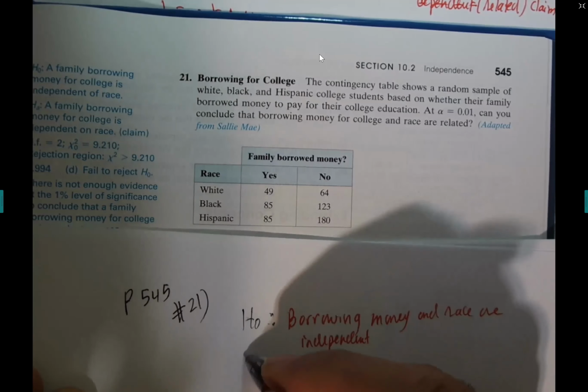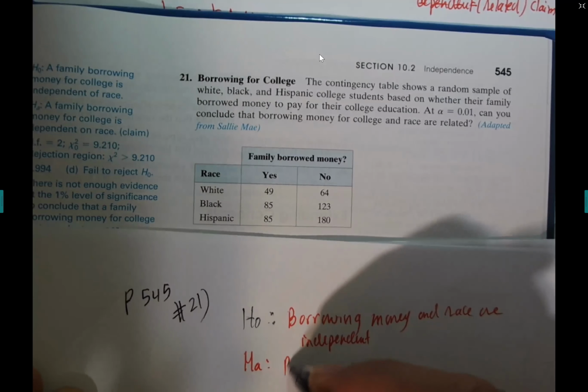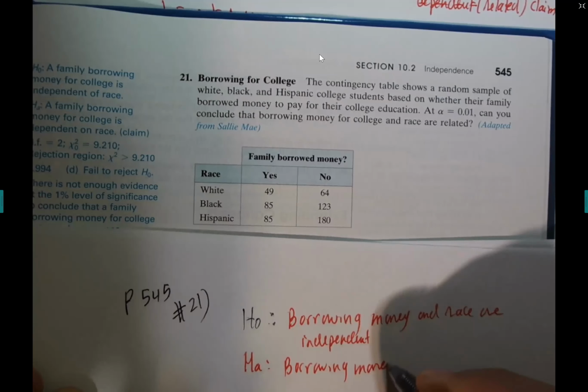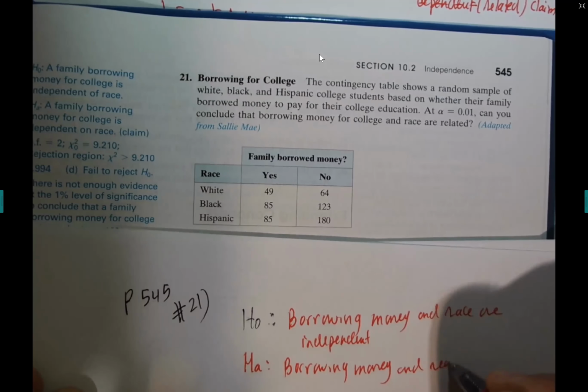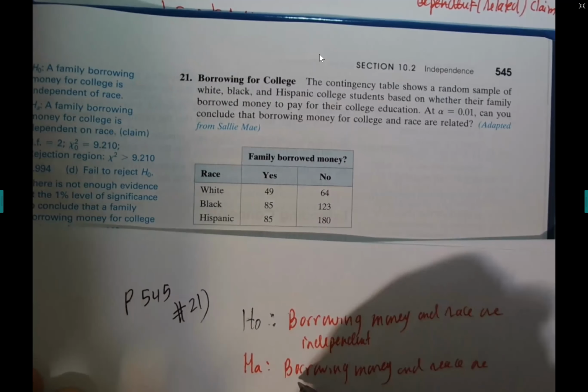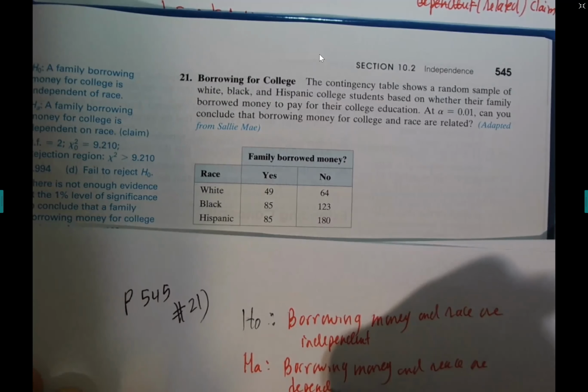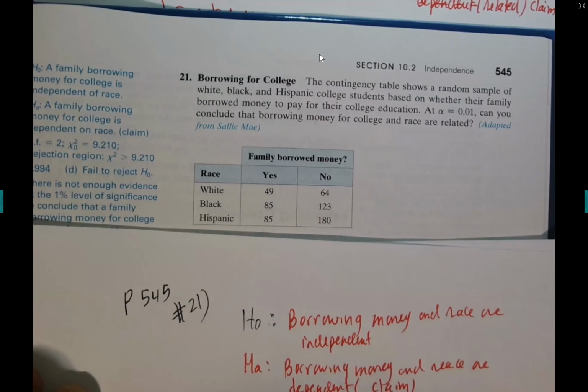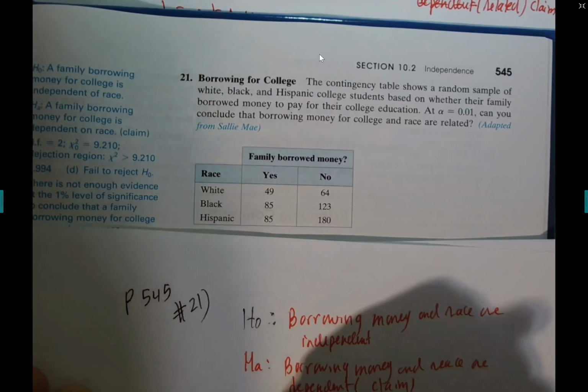I'm being consistent. Whatever we did in the previous exercises, we're doing now. H1: borrowing money for college and race are dependent, which is the claim. Correct, guys, because it says related. Related means dependent.